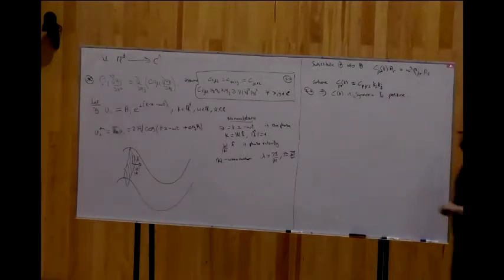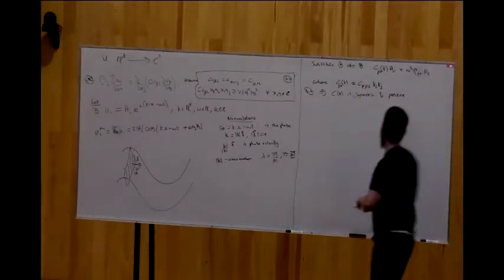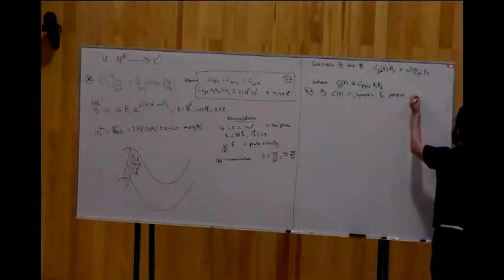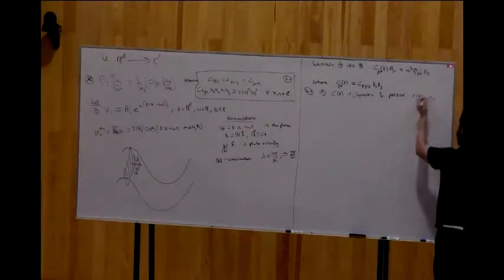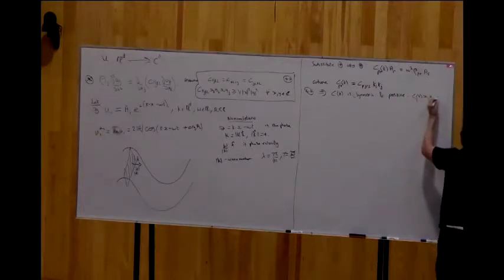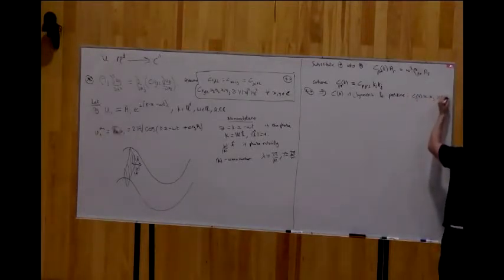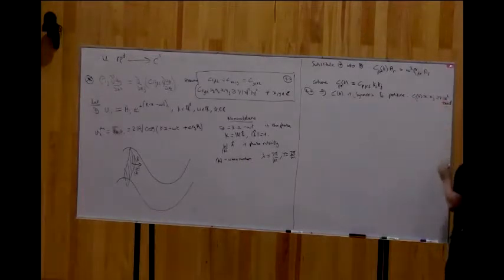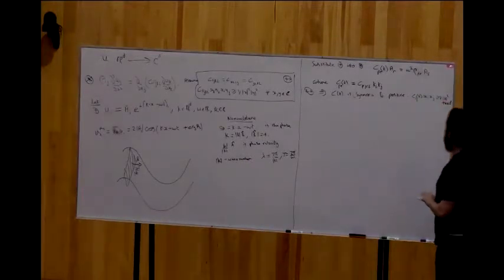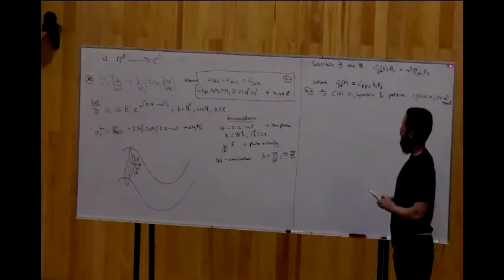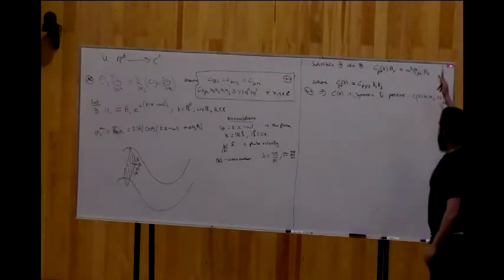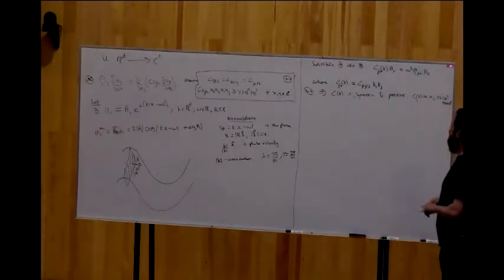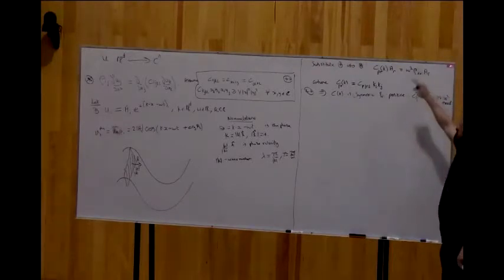So what I mean here is C_k for all x. So now the question is, for what omega and what k, can I find solutions to this problem?